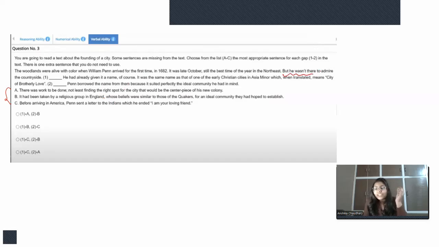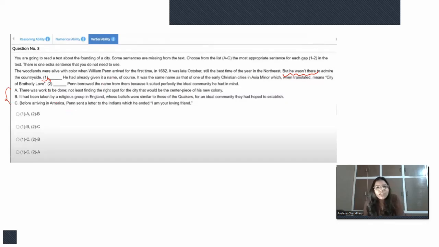This line is showing that William Penn has a specific purpose while visiting that city, right? But he was not there to admire the countryside, right? He has some specific purpose. So in the first blank, we need to tell the purpose of William Penn, right?